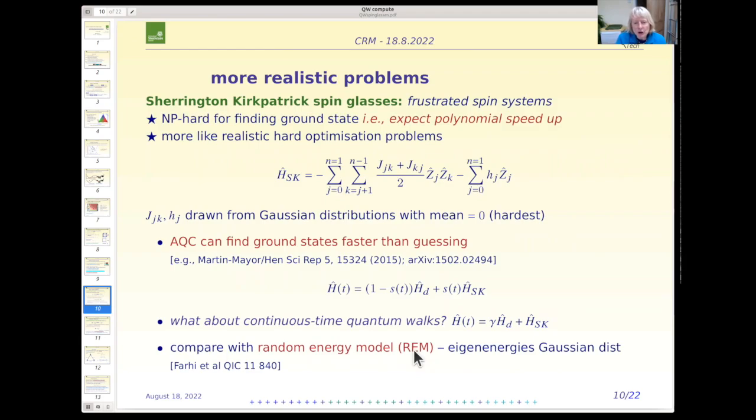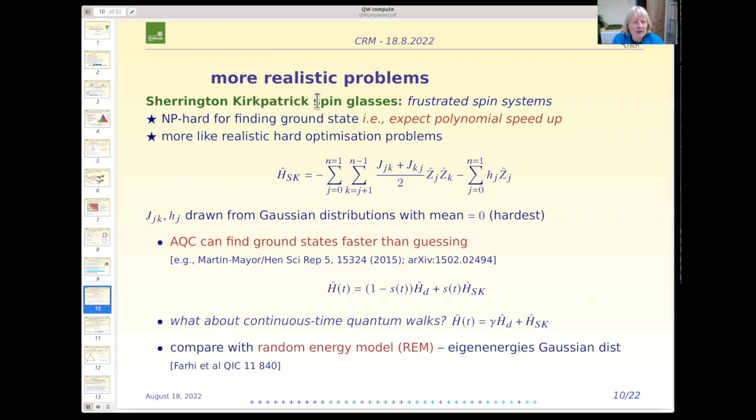And the one we chose to look at first is Sherrington-Kirkpatrick spin glasses. These are two theoretical physicists who defined this model. It's actually a classical model, and they defined it to model magnetism back in the 70s, 80s.